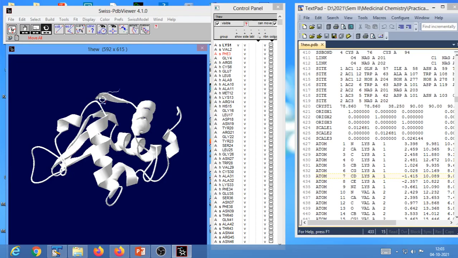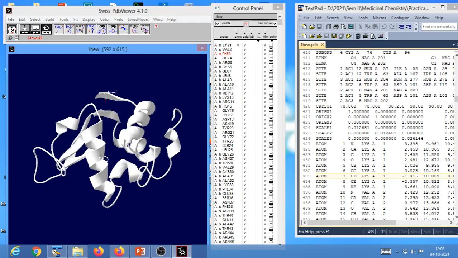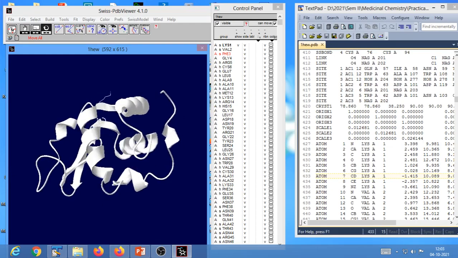So this is the first amino acid residue in your protein. I am showing it in the ribbon representation just to give you an idea of where this amino acid residue is located.